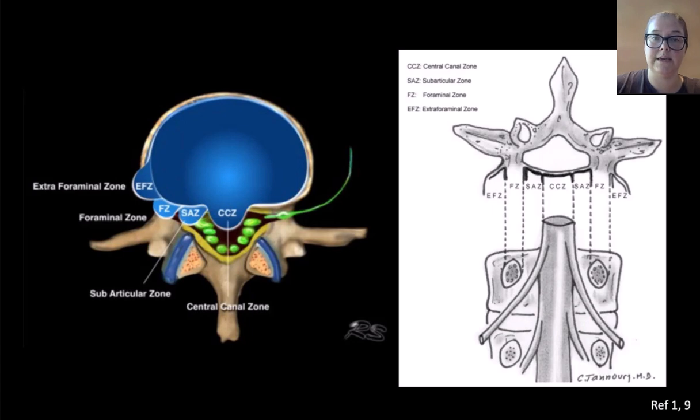They use a central location, so central zone or central canal, subarticular zone, so lateral to the central zone, medial to the pedicle, the region where the lateral recess is, a foraminal zone, and an extraforaminal zone. So you can see here, these are all disc herniations. They're all actually protrusions. They're bigger at the base than anywhere else. So these are the locations utilized when describing herniations.